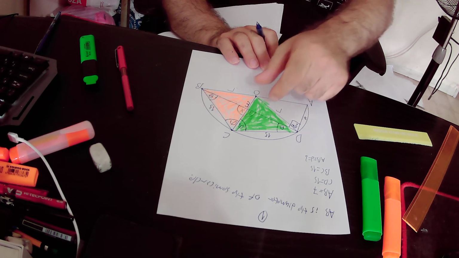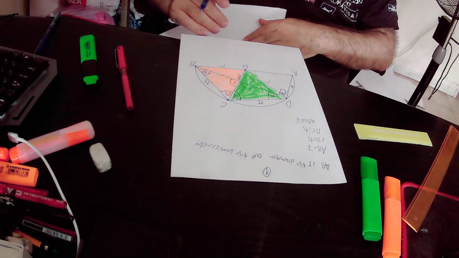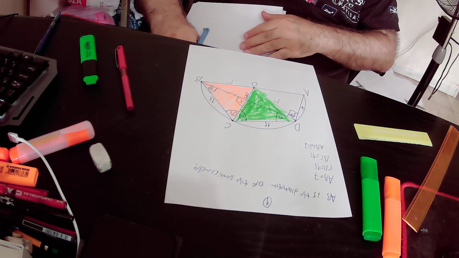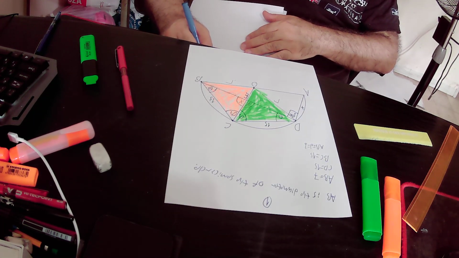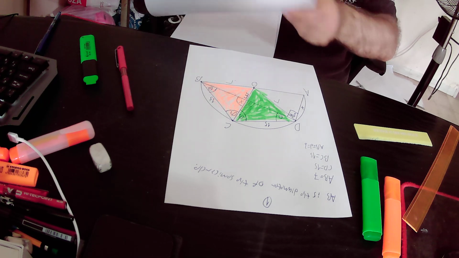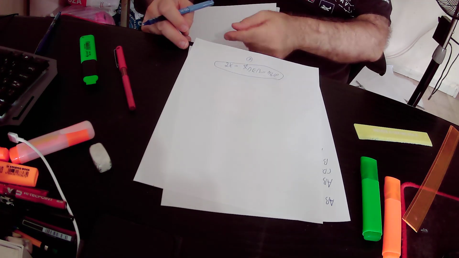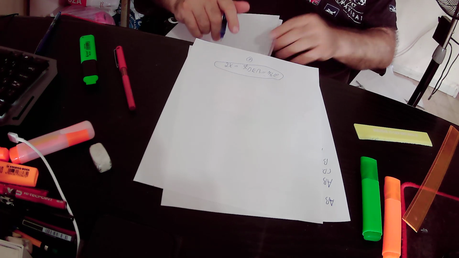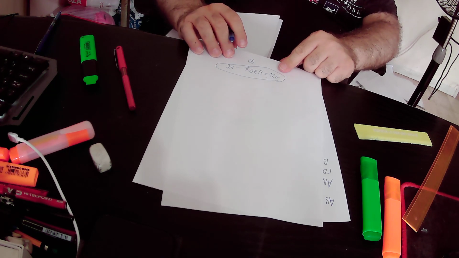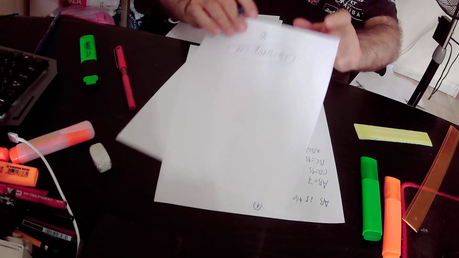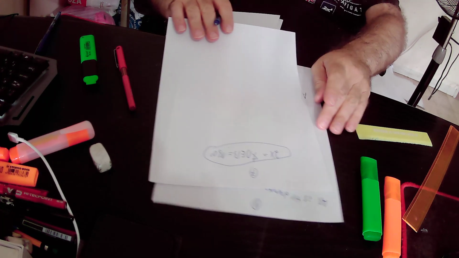So we have this equality, and from this equality we can derive that 2x equals 180 degrees.